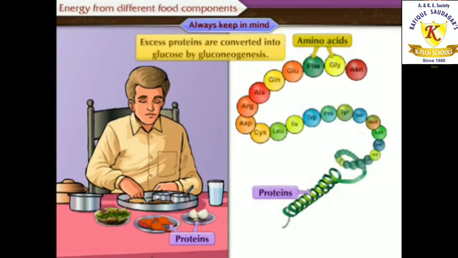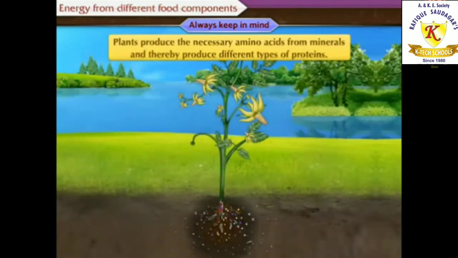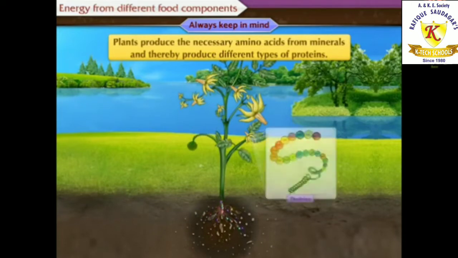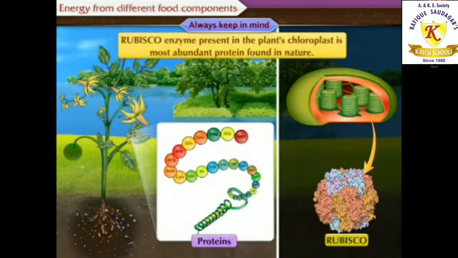If necessary, excess of proteins are converted into other useful substances like glucose through the process of gluconeogenesis. Plants produce the necessary amino acids from the minerals and thereby produce different types of proteins. An enzyme, rubisco, present in the plant chloroplast, is the most abundant protein found in nature.